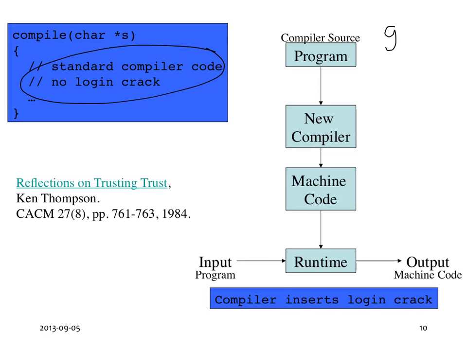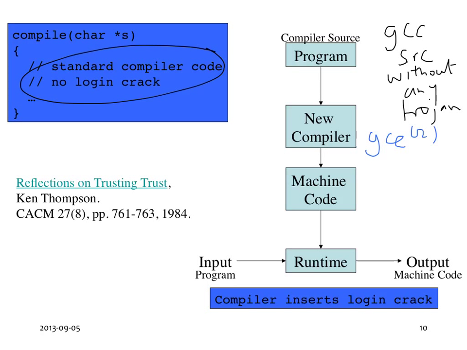And so we've restored it back to the original GCC source without any Trojan, right? And that's because if you look at the new compiler, which is GCC 2, GCC 2 is going to create a new version, GCC 3. GCC 3 has the login.c crack, right?